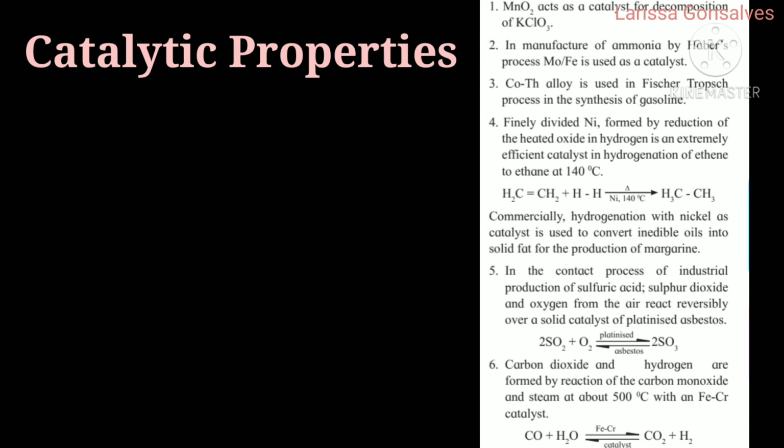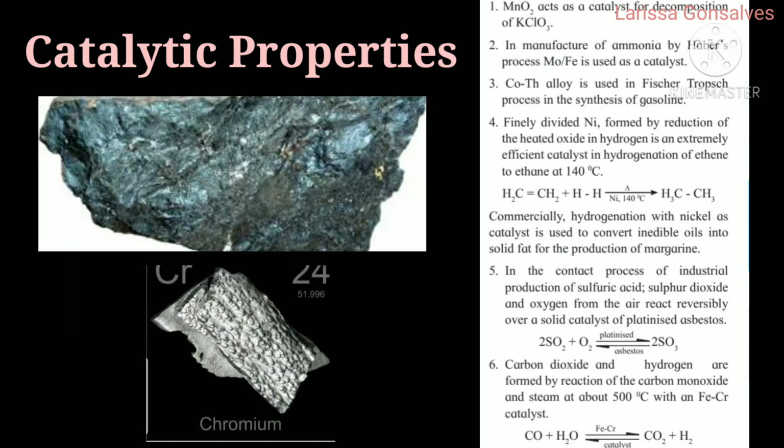In the contact process for the synthesis of sulfuric acid, sulfur dioxide reacts with oxygen in the presence of platinum asbestos, which acts as a catalyst. Carbon dioxide and hydrogen are formed by the reaction of carbon monoxide and water at 500 degrees Celsius using iron and chromium as catalyst.